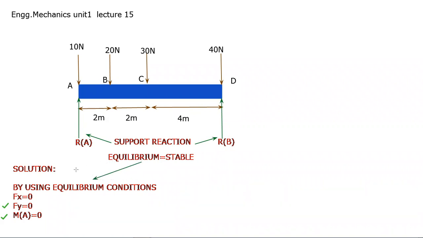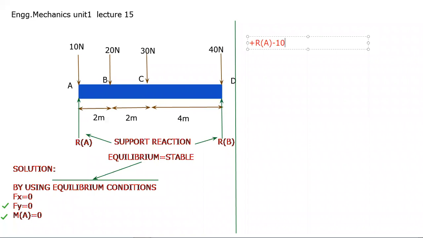Now after that, summation of Fy is equal to 0. How can we use this? In a very simple manner. Consider the first force, that is Ra. This is the first force, which is in the upward direction, so according to sign convention, its sign will be positive.